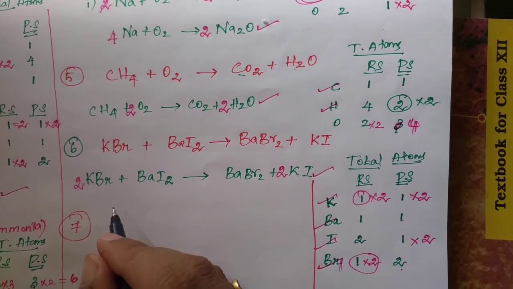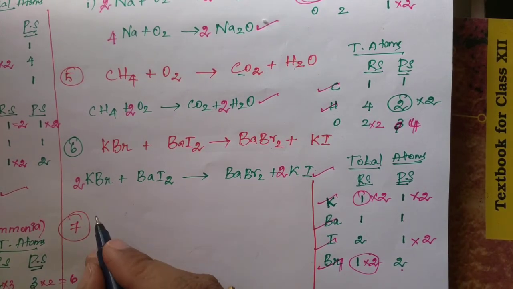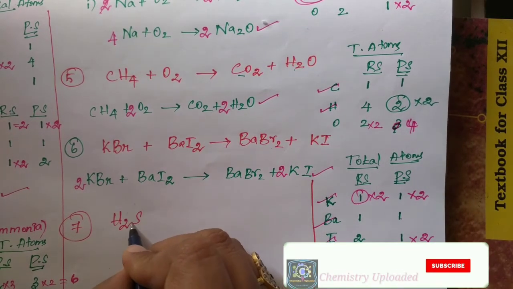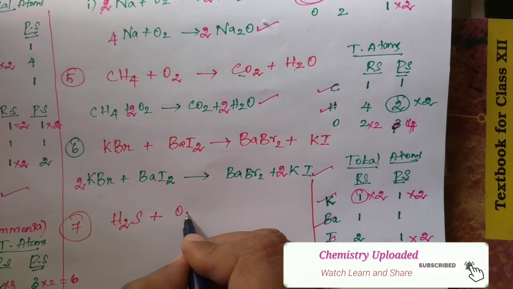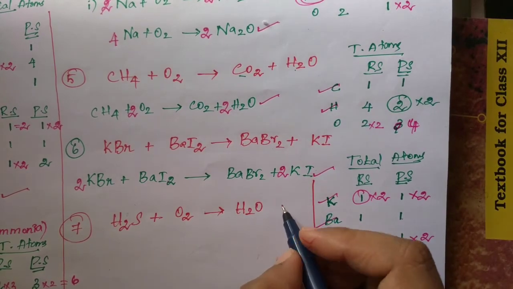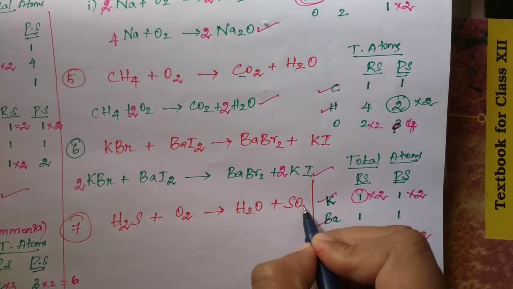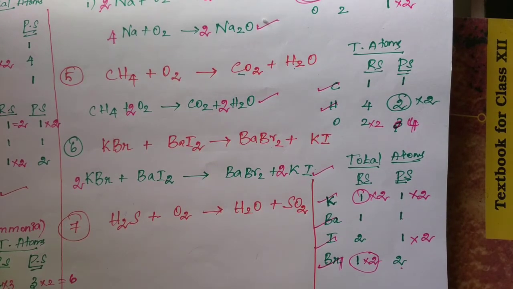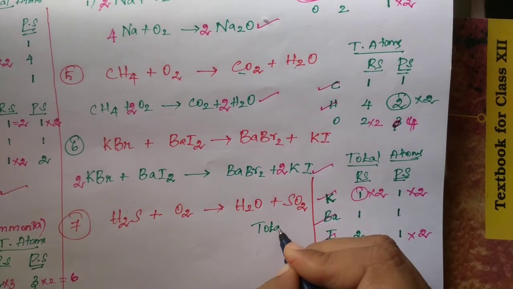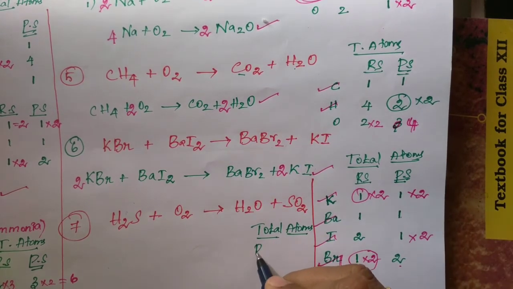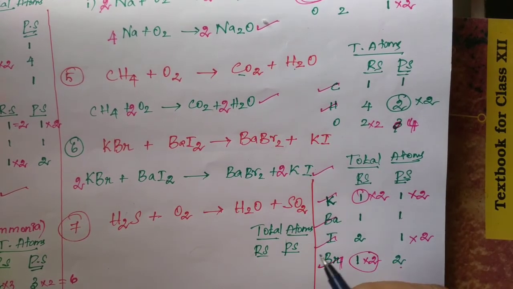Equation number 7. H2S plus O2 gives H2O plus SO2. So this is the equation. Now total atoms, reactant side, product side.